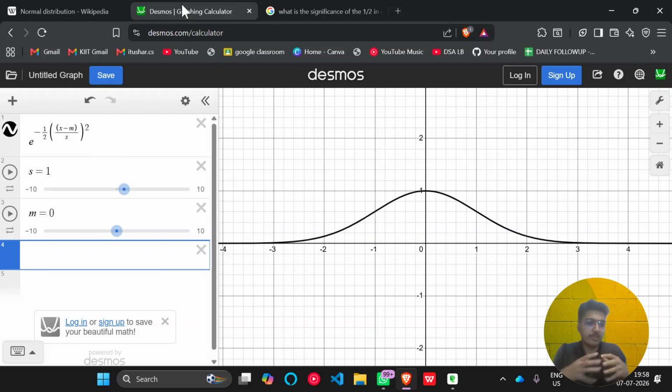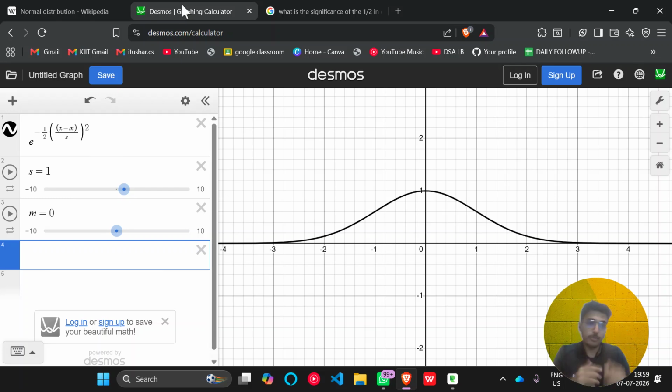If I were to give it in brief, when we integrate this equation of the PDF from minus infinity to plus infinity, which in calculus gives us the area under the curve, the area under this probability density function should be equal to 1, because the total probability is equal to 1.